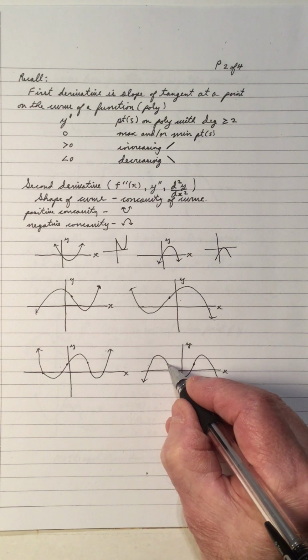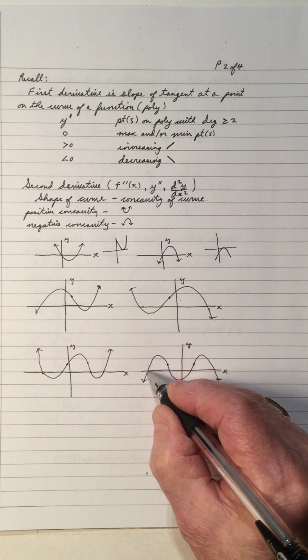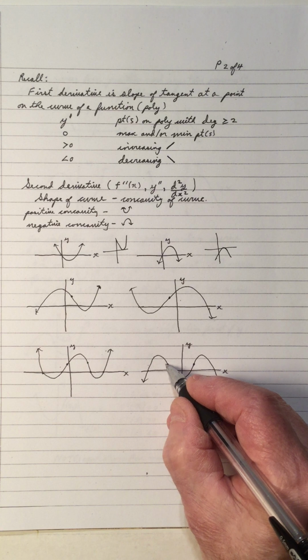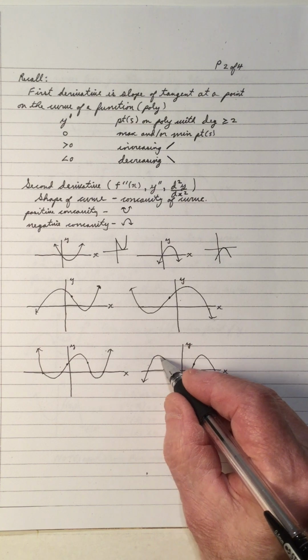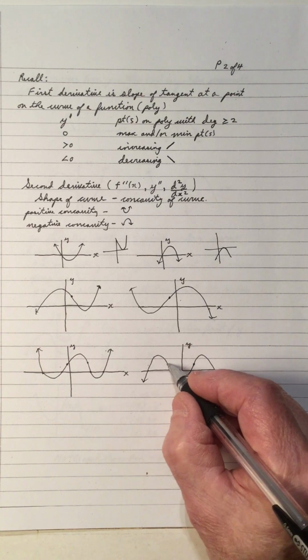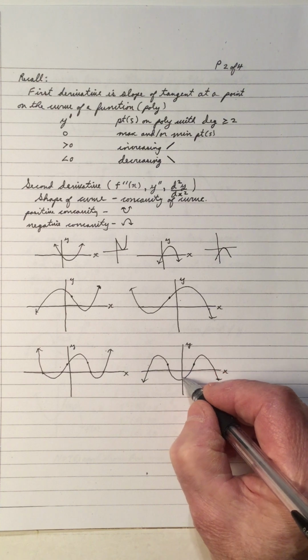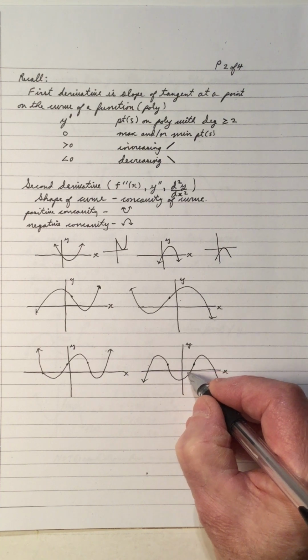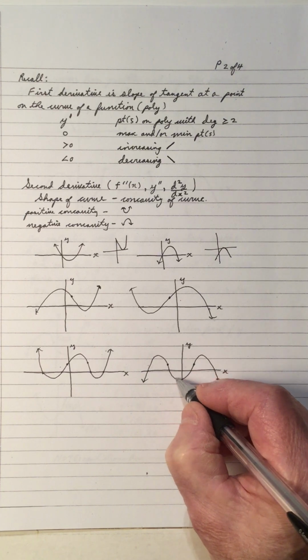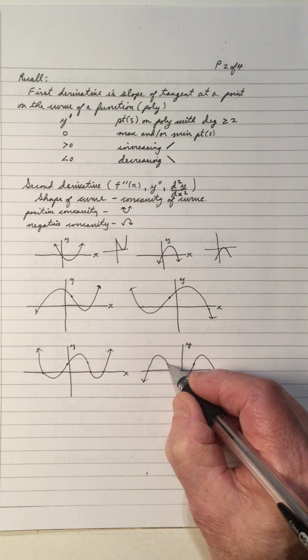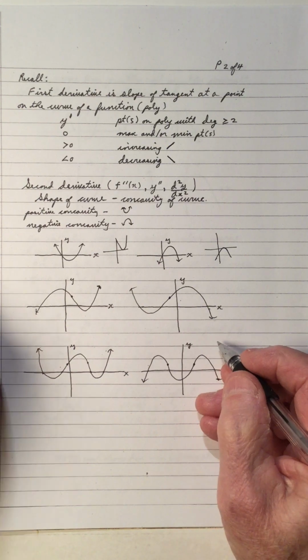And when we take this point here, on the left side it's opening downward, so the second derivative is less than 0. And on the right side, the concavity for this point is opening up, so it's positive. That's when the double derivative is greater than 0.